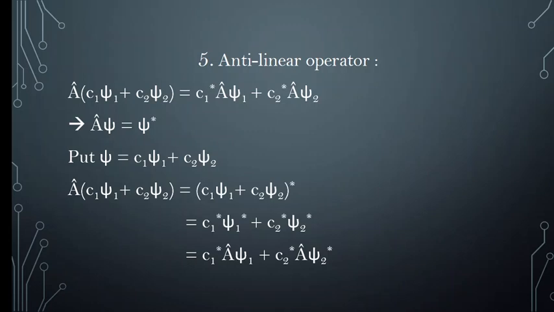The same thing we have substituted here: in place of Xi1 star substituting A cap Xi1, and in place of Xi2 star substituting A cap Xi2. Not Xi2 star, it is Xi2. So this is a kind of derivation where you can illustrate an antilinear operator.